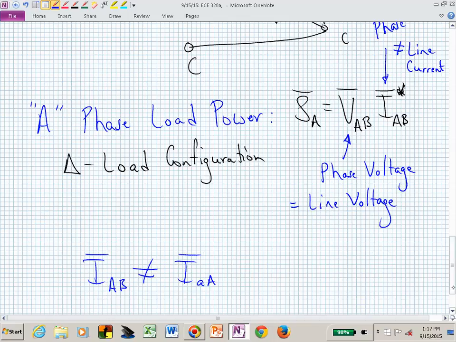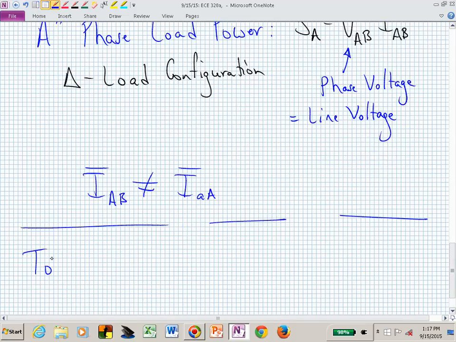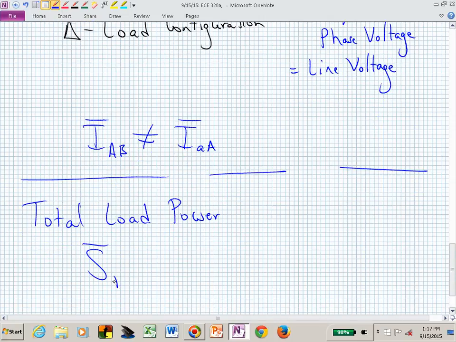What's the total load power? If you didn't know anything else, you would say, well, give me the A, give me the B, and give me the C. And it could be unbalanced, and that formula would still work. Give me the complex power in the A phase, the B phase, and the C phase.